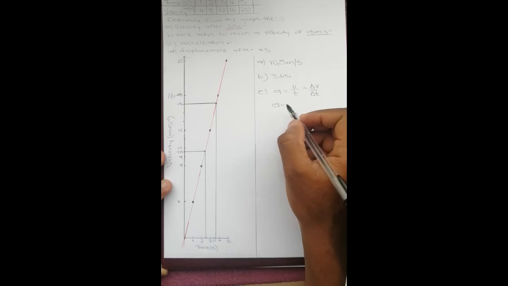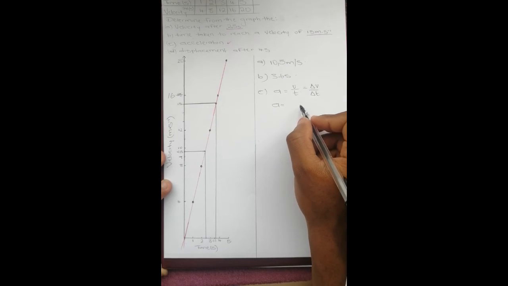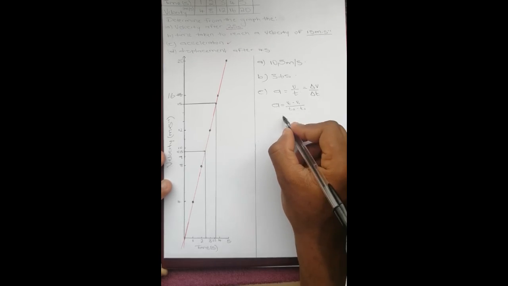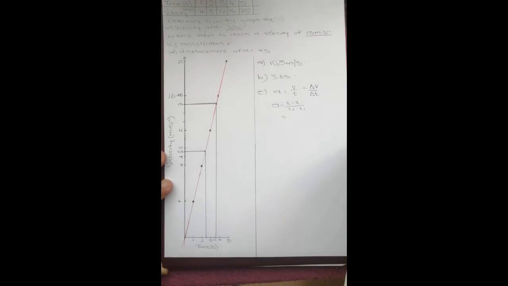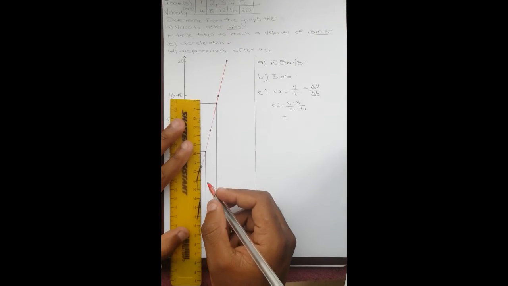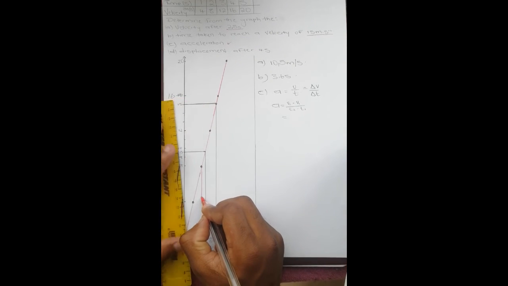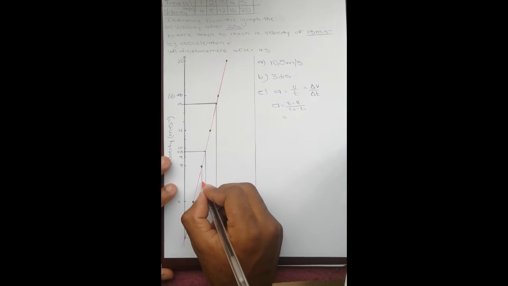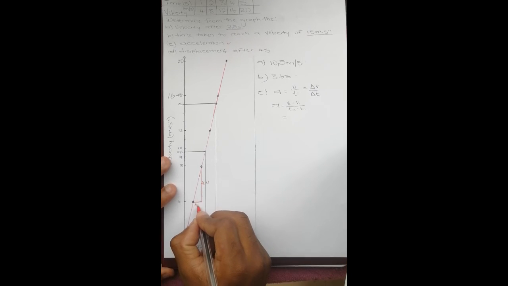So our acceleration is going to be, let's say, v at 2 minus v at 1 over t2 minus t1, and from the graph, that's from here to there, so we can represent the gradient as this. So this is change in v, and this is change in time.